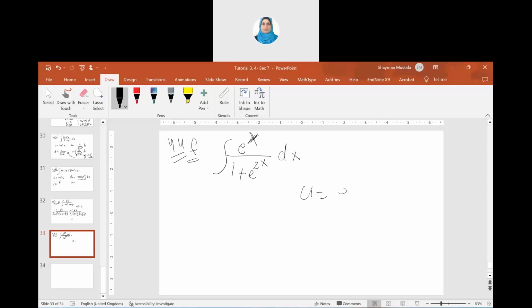So take u equal to e to the power x. Then du will be e to the power x dx. So this one will become du over 1 plus u squared. I think this one is tan inverse, something like that. Check which formula has this one. I think tan inverse.